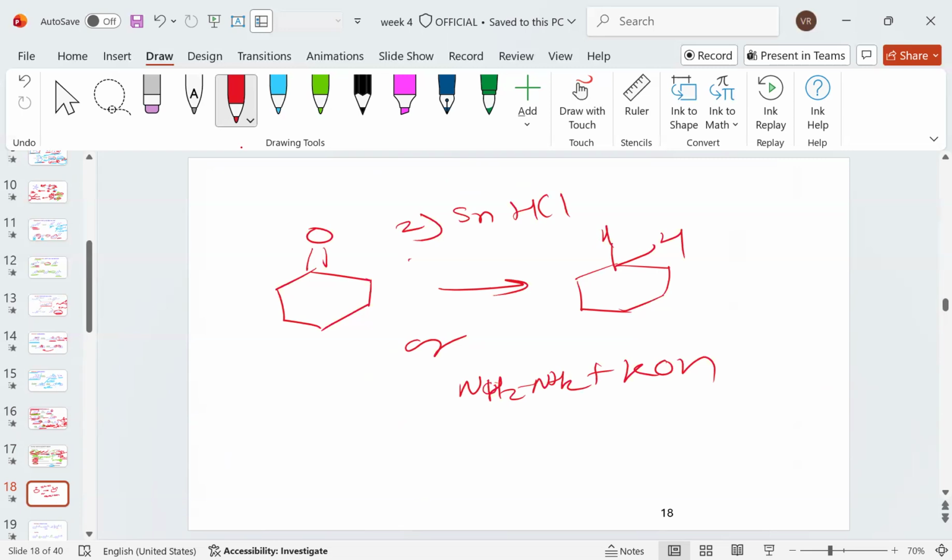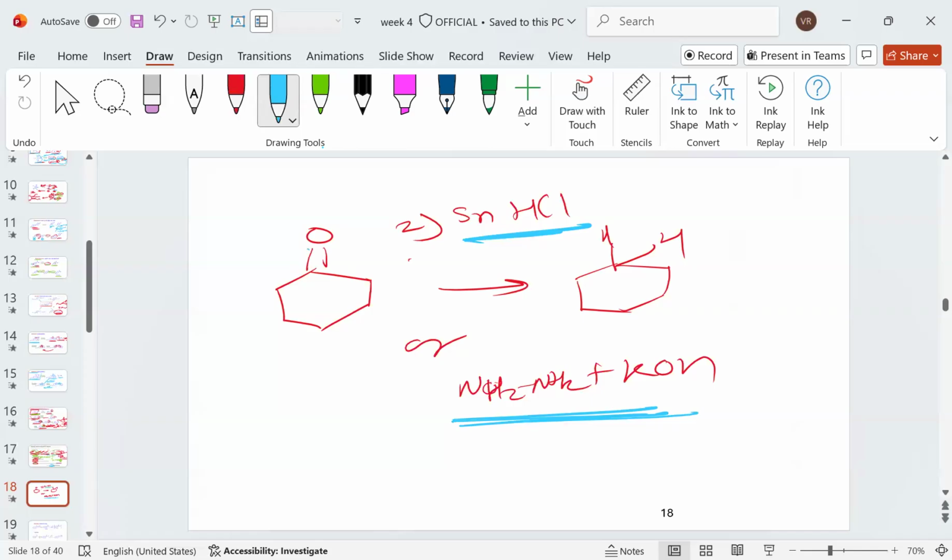So these are the two different reaction conditions. This is the Clemmensen reduction, and this one with NH2NH2 is, I think, the Wolff-Kishner reduction. I don't know the name exactly, but you should know the name for this reduction also.